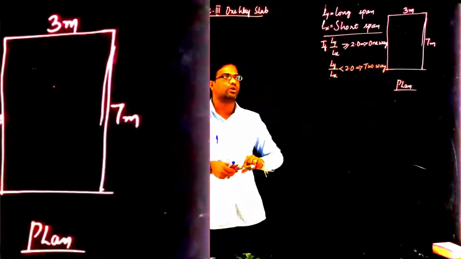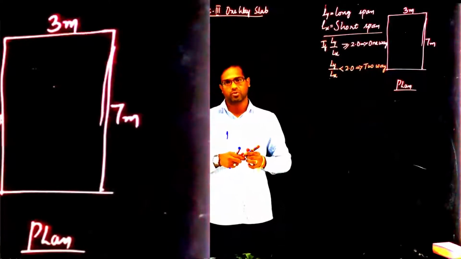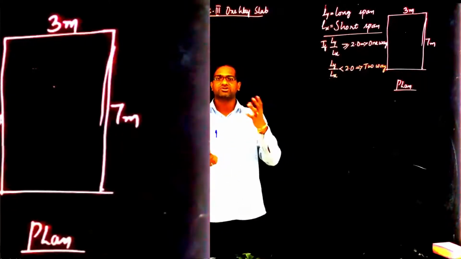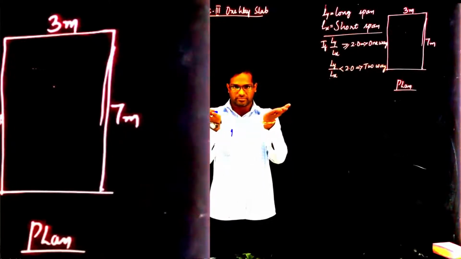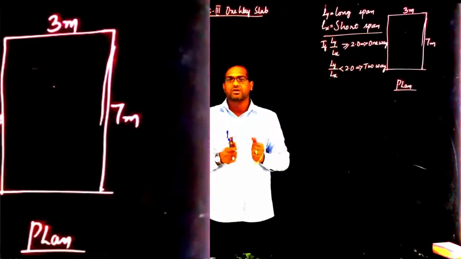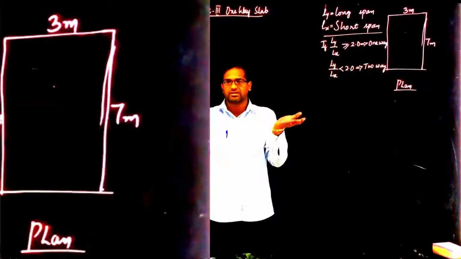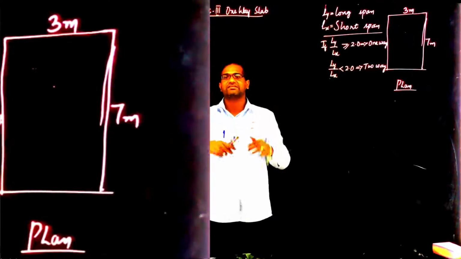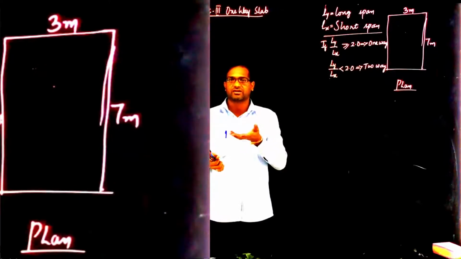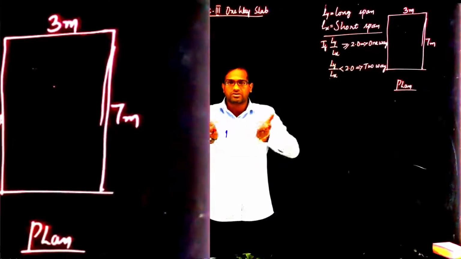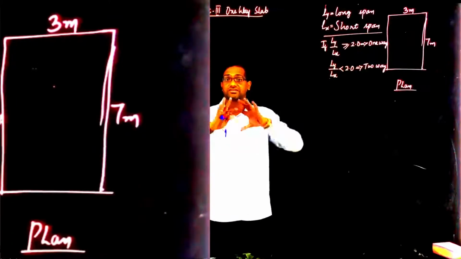Then what is this one-way and two-way all about? Now imagine you are holding a piece of plate. That is the slab. Now if you load that plate, it bends like a saucer, right? You have a cup of tea and a saucer. How does the saucer bend? It is in a circular shape.